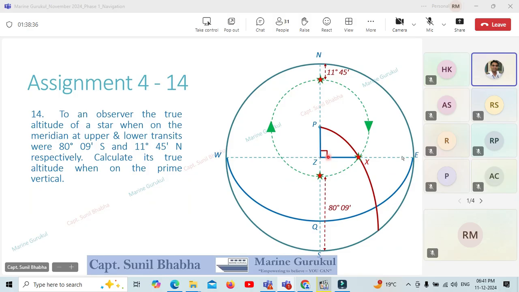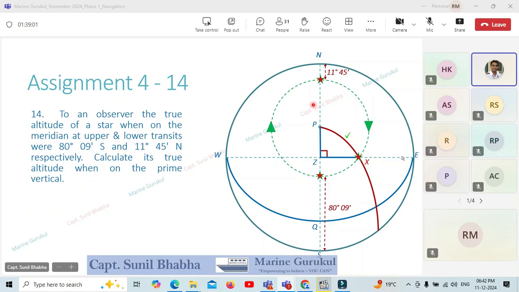Now what we need to know is the altitude of the star when it is on the prime vertical. So what we are going to do is, you see, we have the arc from S to this particular star known to us. We have the arc from N to this particular star known to us.